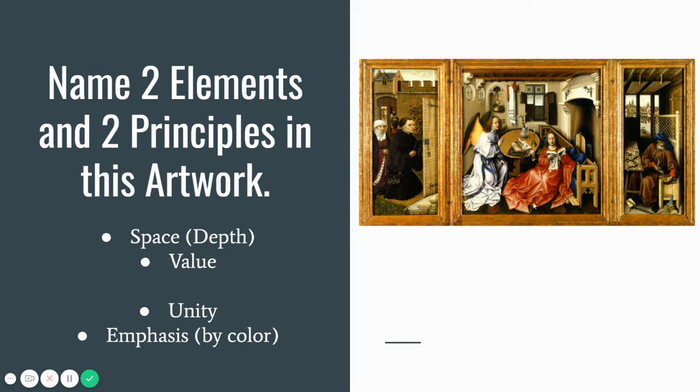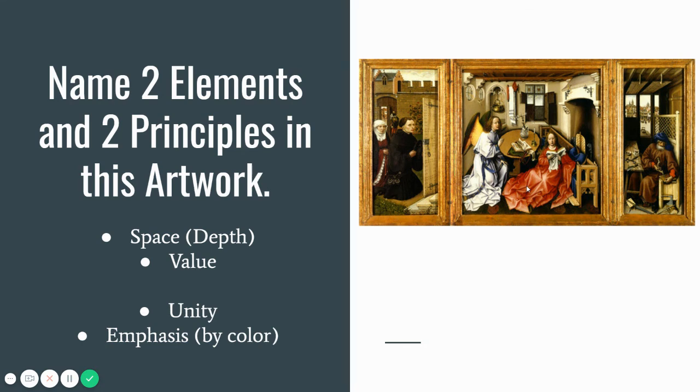I also chose unity because, again, there's a lot of parts to this painting, okay? But the artist's style and the elements that the artist is using, the color scheme, all of that is making this artwork a very cohesive whole. I know that they all belong together, and they seem very unified.